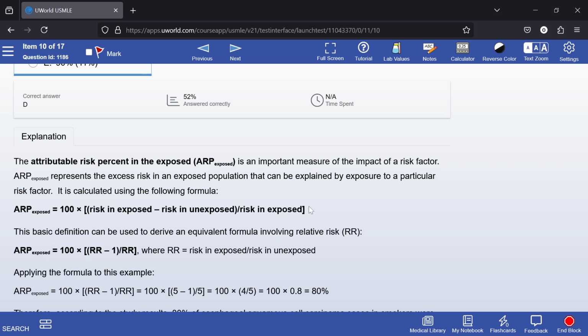So, 100 into risk exposed minus risk unexposed divided by risk in exposed. Another way is 100 into relative risk minus 1 divided by relative risk.